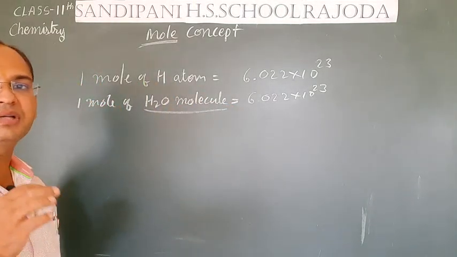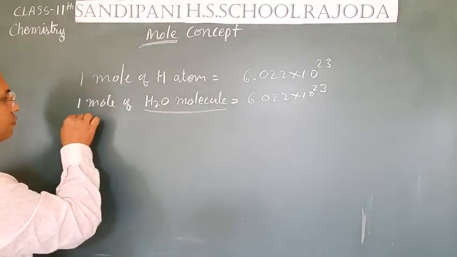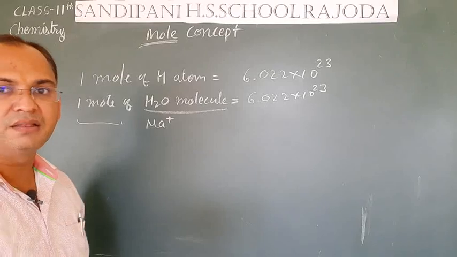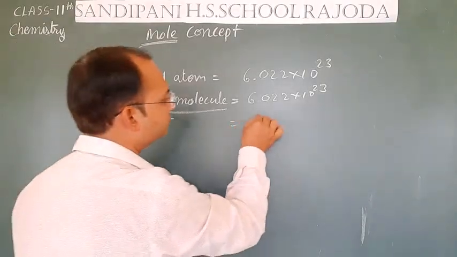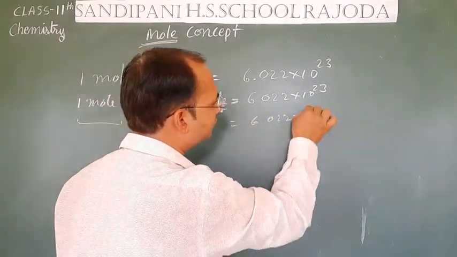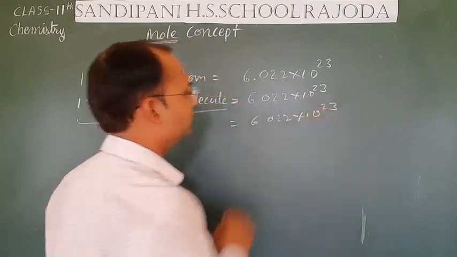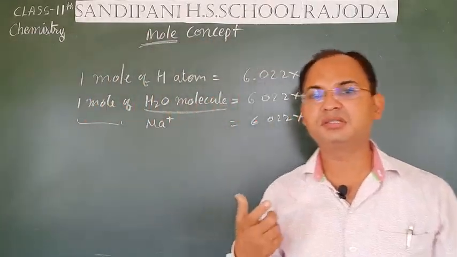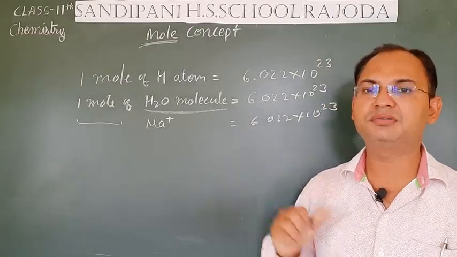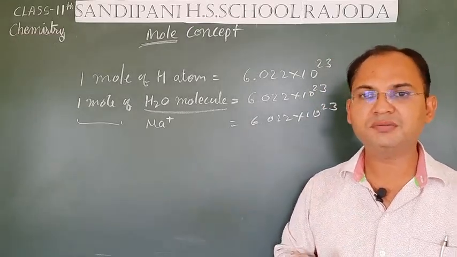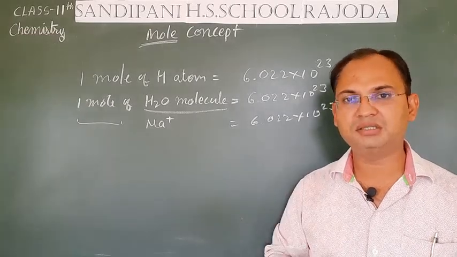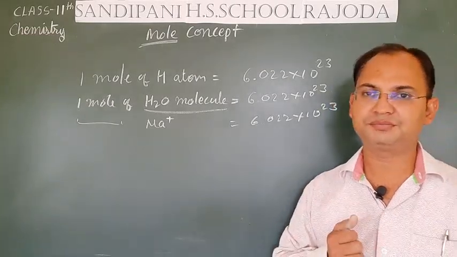If we talk about any ion, suppose 1 mole of Na+ ion, then it will also be equal to 6.022 × 10^23. Because students, 1 mole means a number equal to 6.022 × 10^23. It may be a molecule, an ion, or an atom.